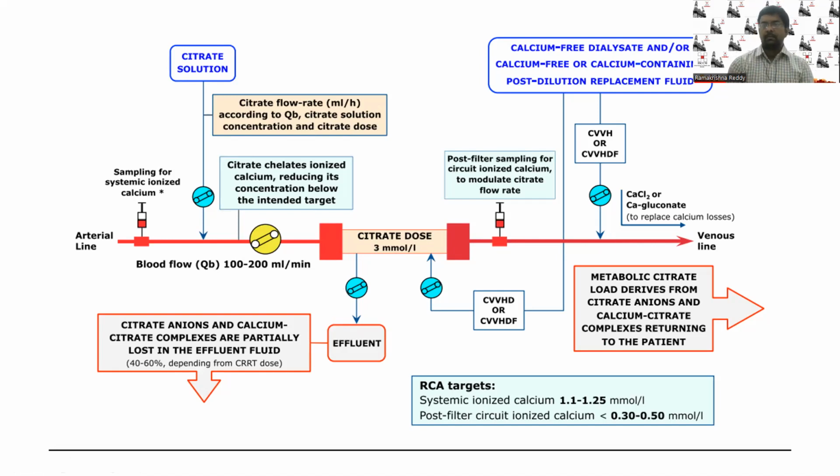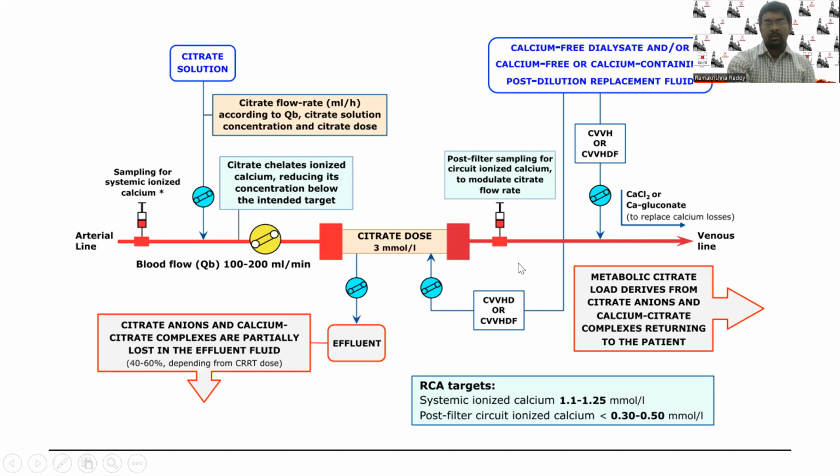Also, because most of the calcium is chelated by citrate, there can be hypocalcemia in the circulation. So you need to administer calcium into the circulation before it enters the patient. This you can give in the post-filter phase, or you can give separately through a separate line using the central line. So calcium infusion can be given.